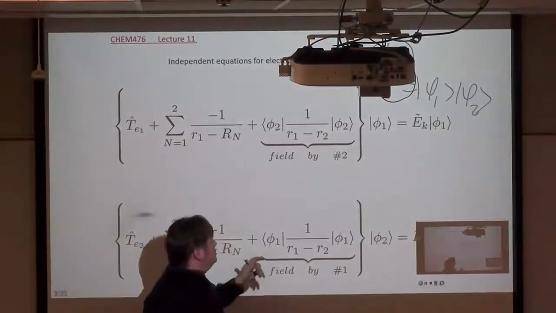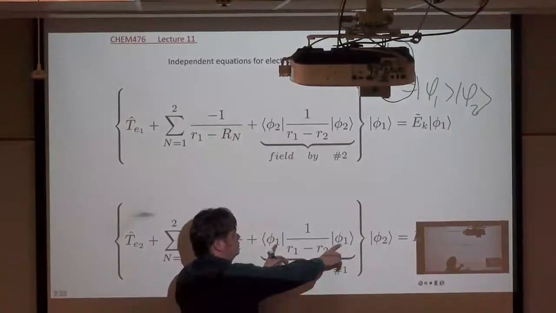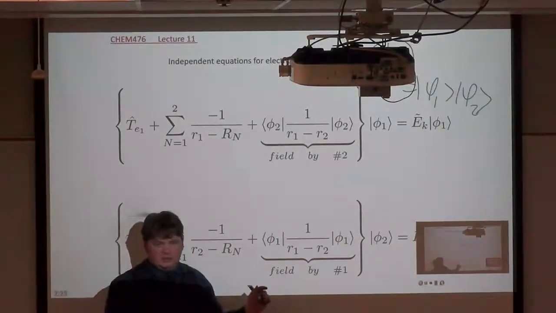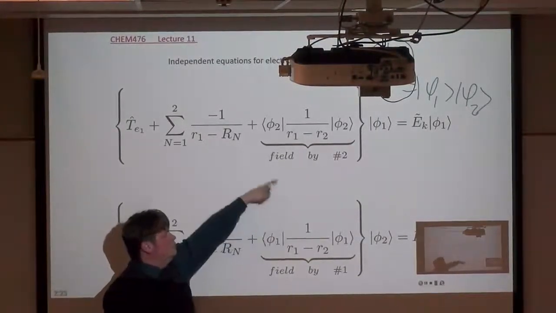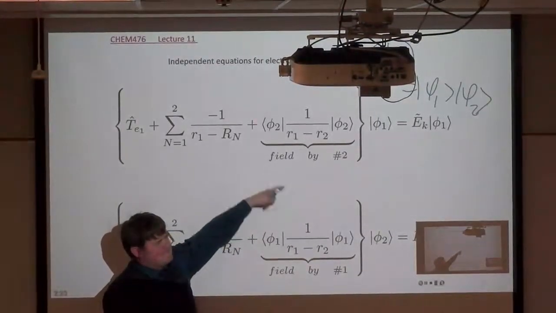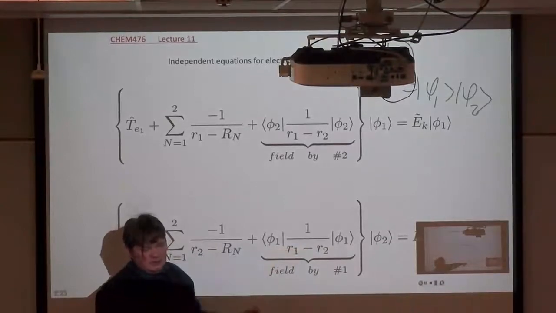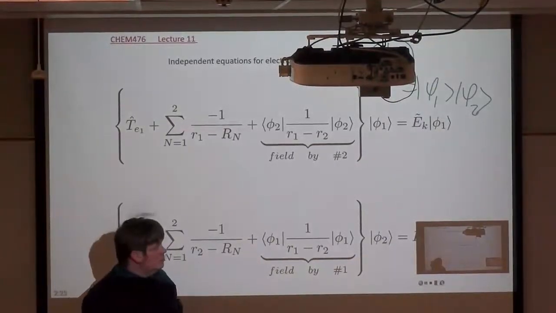And if you do it for the second electron, assuming that the first one is already known, you see that the functional form is the same. So in fact, these two equations are the same. They just, as standard partial differential equations, generate several answers.